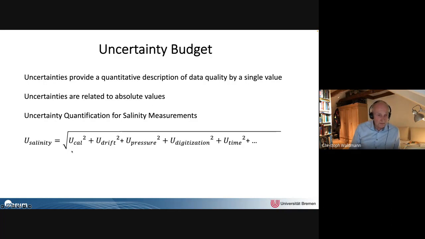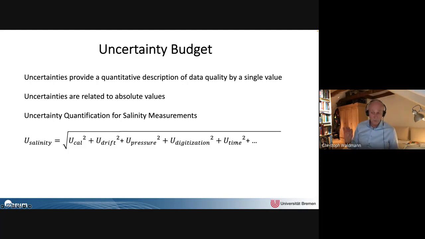And here are, for instance, for salinity, or it's the same for temperature actually, you have to sum it up in that way. Say, okay, you have the calibration uncertainties. You have some sort of drift characteristics. You may have pressure dependence. You have a digitization uncertainty.